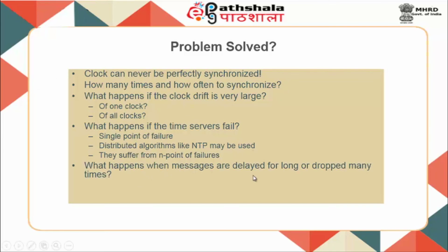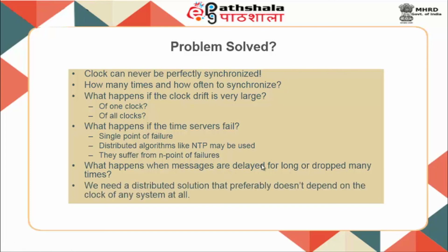If some messages are dropped, if some messages have taken a longer time, and many more questions arise when we come to do external or internal synchronization. The solution for this is what we will see in our next module.